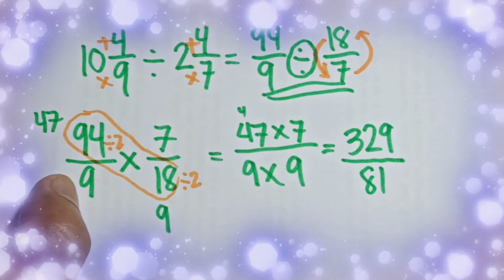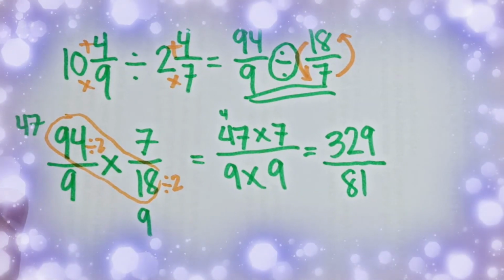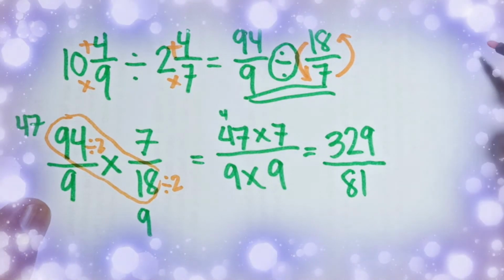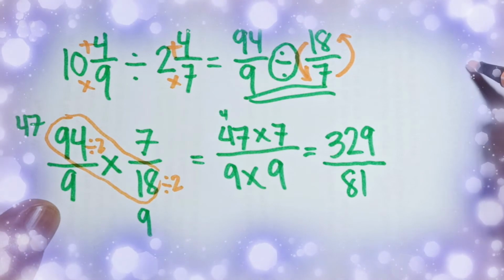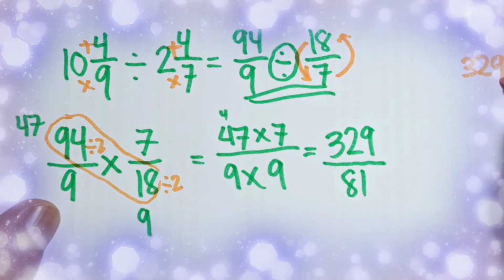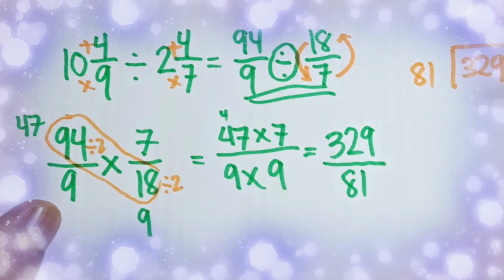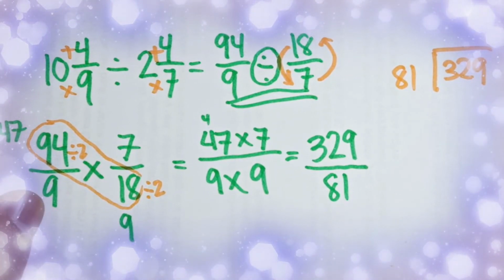What is 329 divided by 81? If we're going to do the normal division process, 329 divided by 81.